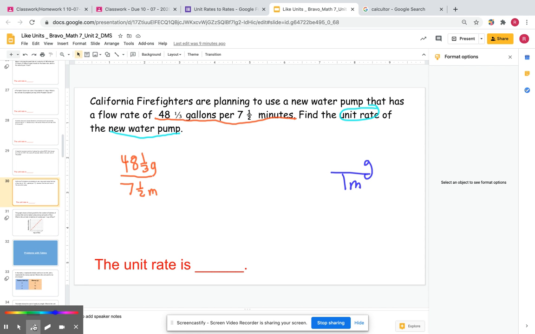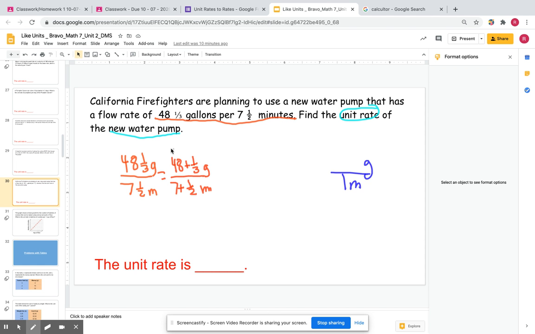So just like I told you before, you need to convert that mixed fraction into a decimal. So it's 48 plus 1/3, G for gallons. That's on top. The bottom will be 7 plus 1/2, M for minutes.